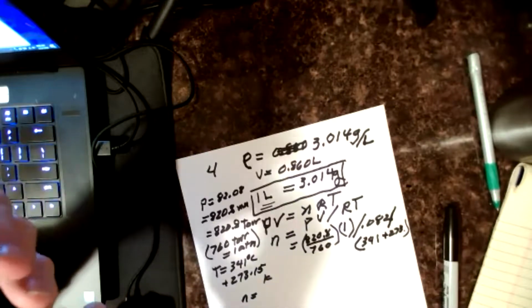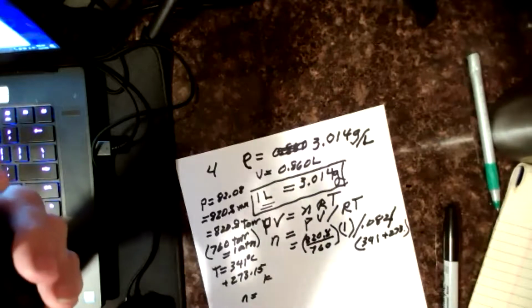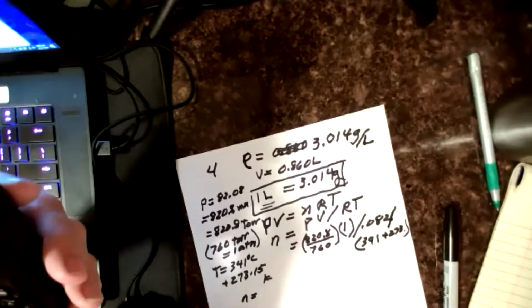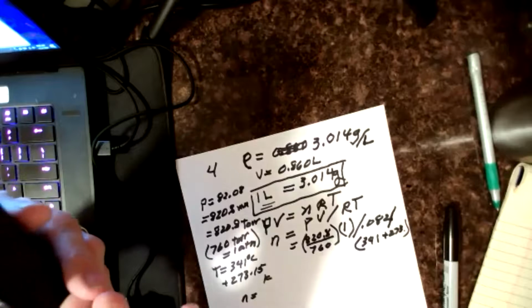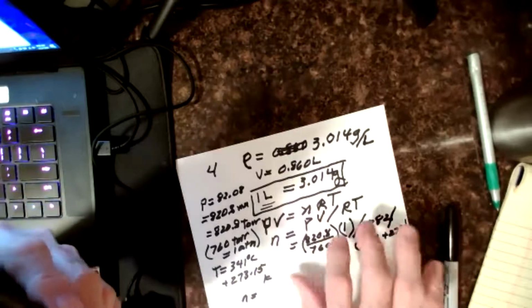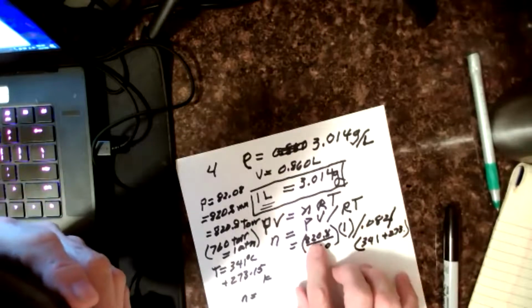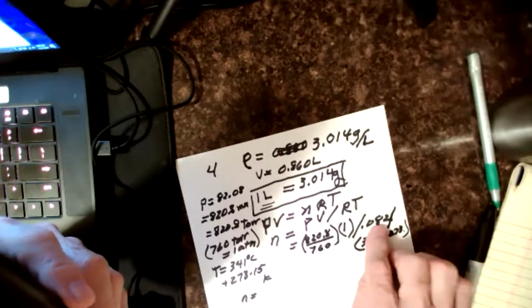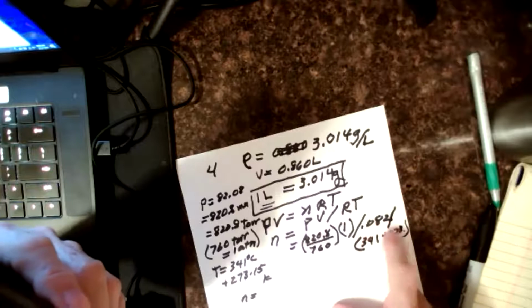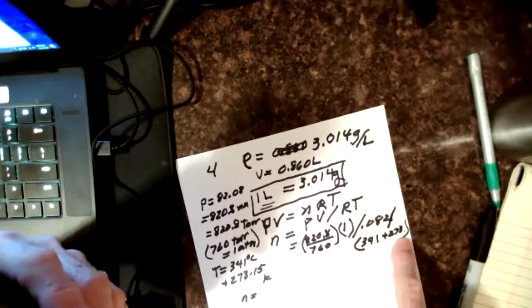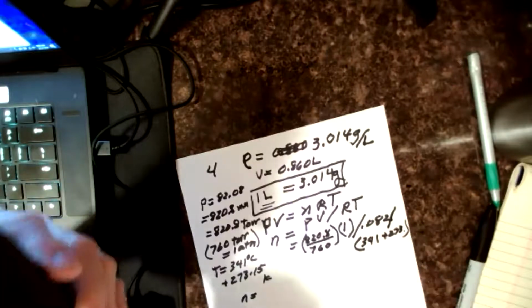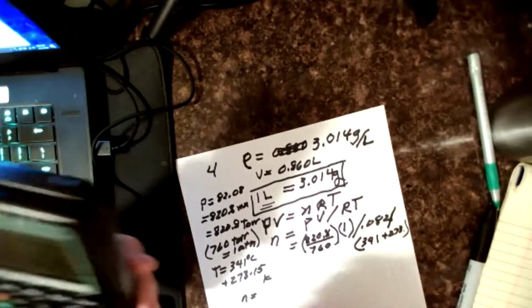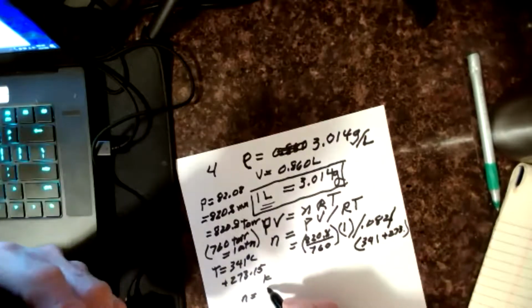And the temperature is 341 plus 273.15, close. Now, I'm looking at my screen to be sure I got what it says here. 820.8 divided by 760 divided by 0.0821 divided by 341 plus 273.15. That should be good.